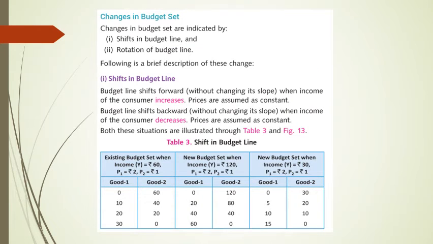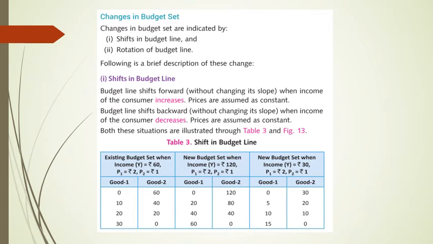Now changes in budget set. Changes in budget set are indicated by first one shift in budget line and secondly by rotation of budget line. Now shift in budget line. Shift in budget line takes place when there is change in income of the consumer while price remains constant.